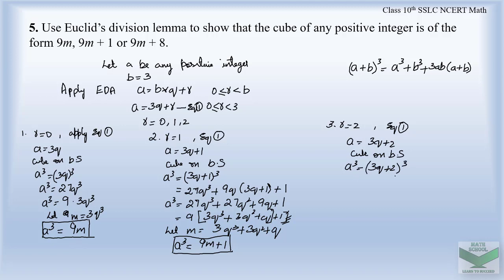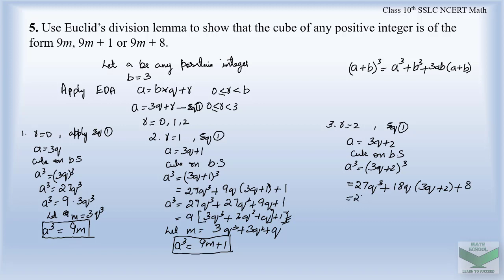So applying a plus b the whole cube formula, let us expand this. So we get 3q cube is 27q cube plus 3ab, 3 2s are 6, 6 3s are 18q, into a plus b, which is 3q plus 2, plus b cube, 2 2s are 4, 4 2s are 8.